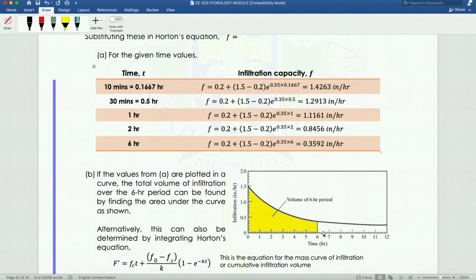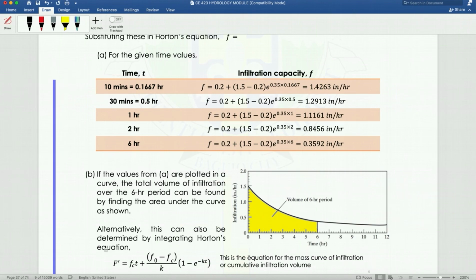Then, at 6 hours, the infiltration here is 0.3592. So, it is roughly here. Then, yung mga points, we connect that by a curve. Now, the area below our curve and bounded by the x and the y-axis would be the volume of the 6-hour period. Okay? So, yan. Through graphical method.